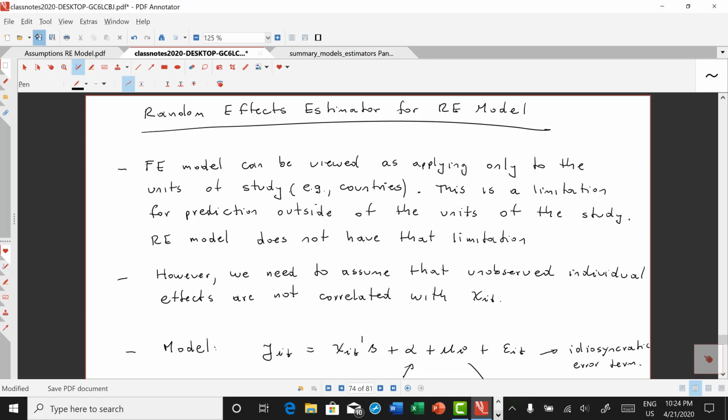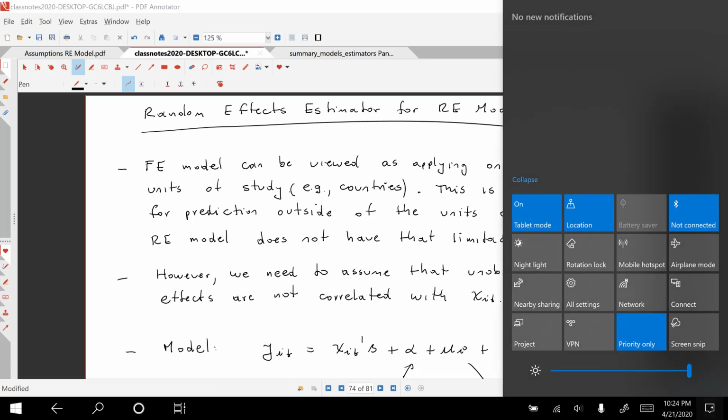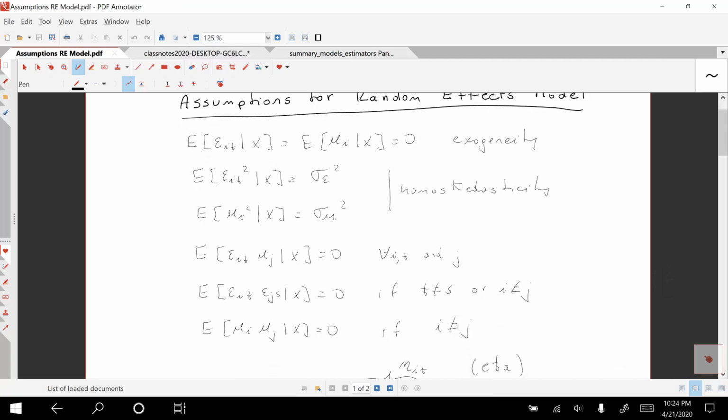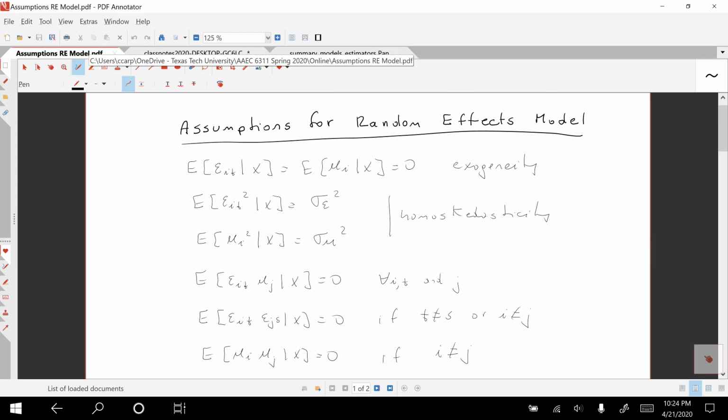Okay, so what are the assumptions for the random effects model? And you have this handout. The first assumption is that we have exogeneity. The other thing, have in mind that we have two errors. We're going to assume homoscedasticity, that the variance of the idiosyncratic errors and also the variance of the individual level errors are constant.